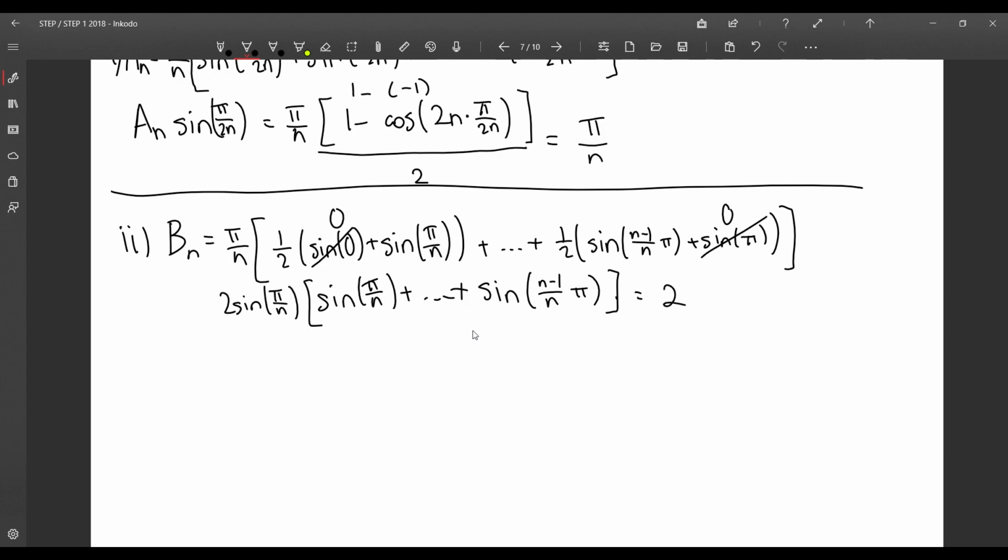Yeah? But so divide this. So essentially B sub n sine of pi over n is going to be pi over n.